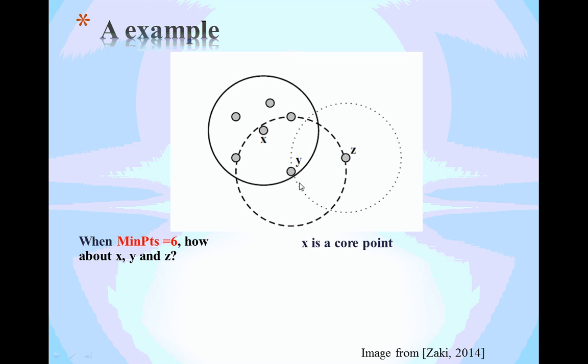So it is not a core point, but it is in the circle of a core point, so it should be a border point. But this one also has fewer points in its circle than 6, and it is not in the neighborhood of any core point here. So it will be a noise point.